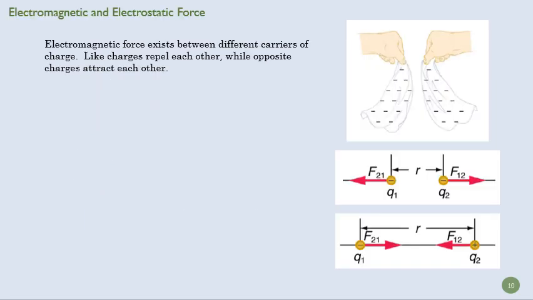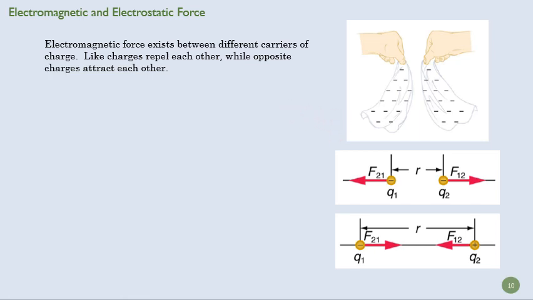So electromagnetic forces exist between carriers of different charge. Now we sort of saw that when we talked about charge last time, right? If I put that charged rod next to those two metal balls, the positive charges in the rod attracted the negative charges in the balls. Those negative charges were moving, right?